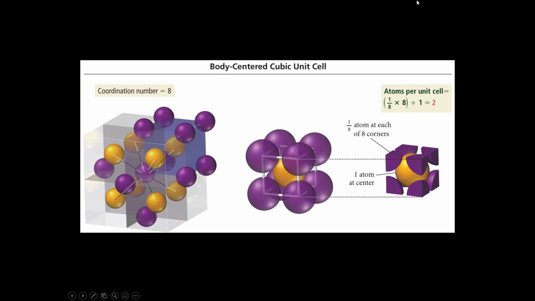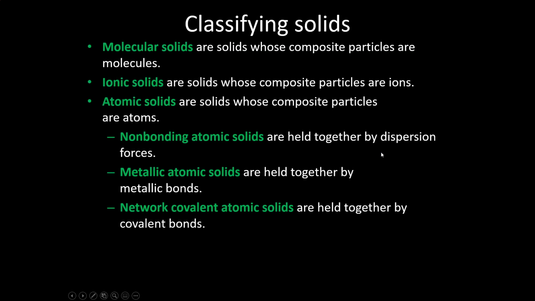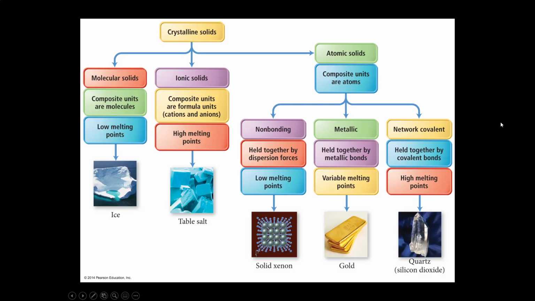And you would have to be able to tell, well, there's an atom in the center of this cell, so this is a body-centered cubic unit cell, and so on here. And then classifying the solids, don't worry about that. I'm not expecting you to be able to classify those, although you probably should be able to, but I'm not going to test you over that.